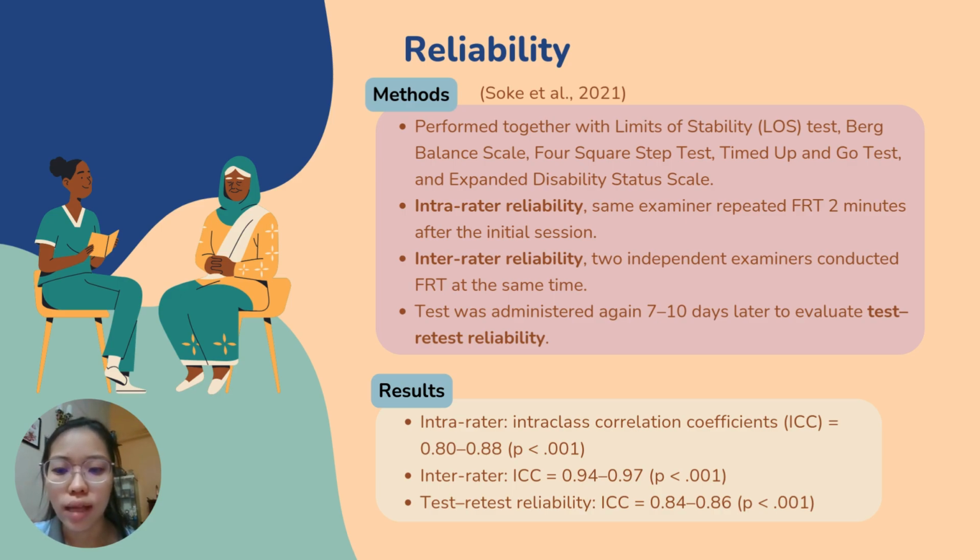Based on the test of reliability, the result shows that intra-rater reliability has an intra-class correlation coefficient of 0.8 to 0.88. Inter-rater shows an intra-class correlation coefficient of 0.94 to 0.97.